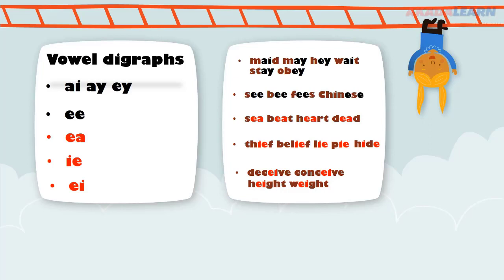And W-E-I-G-H-T, here E-I is making the A sound, just like A-I, A-Y, and E-Y, our first vowel digraphs. So here it is making also the A sound, weight, W-E-I-G-H-T. Okay, let's look at some other.